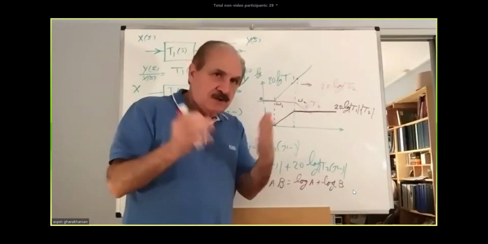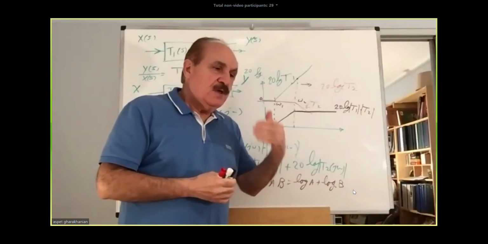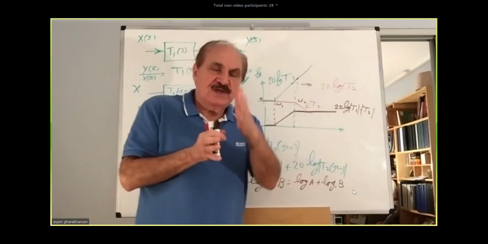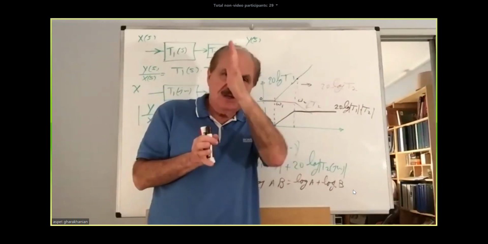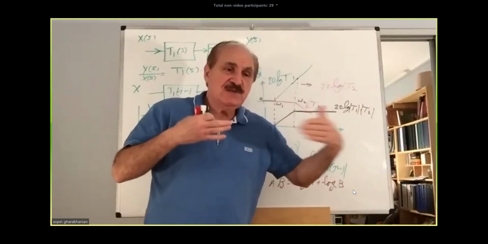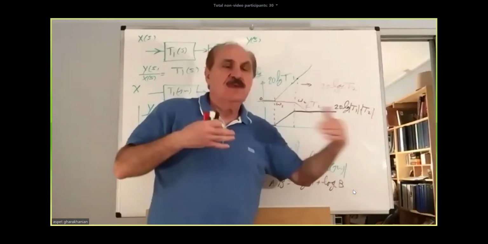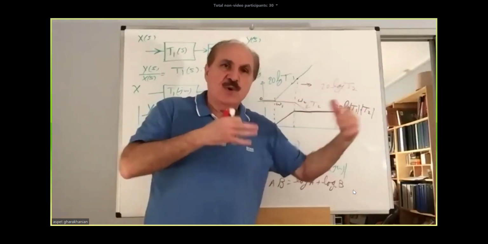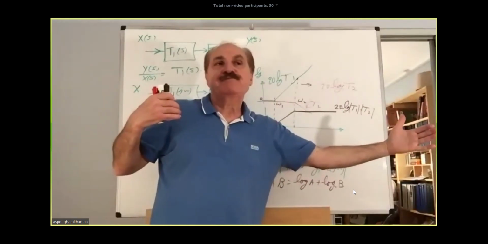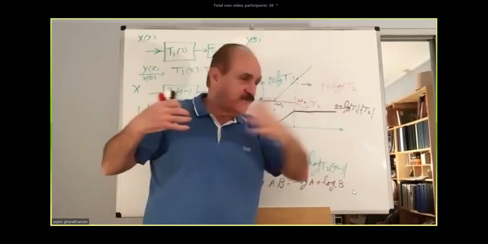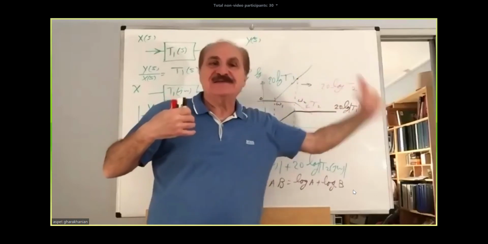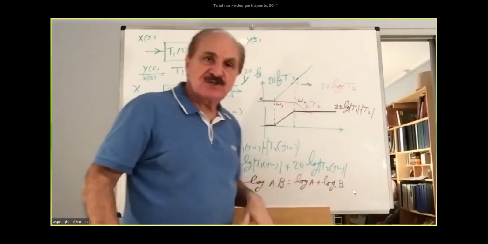It should be clear for you at this point. Because if you do each one individually with a log scale, each gain you present with a log scale, then simply when you have multiple cascaded stages, and you do the graph of each block individually, in the end, if you want to know what is the gain of the whole block transfer from in to the out, you will simply graphically add linear segments to each other.